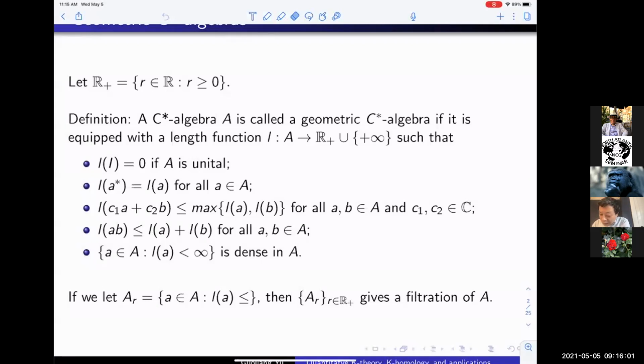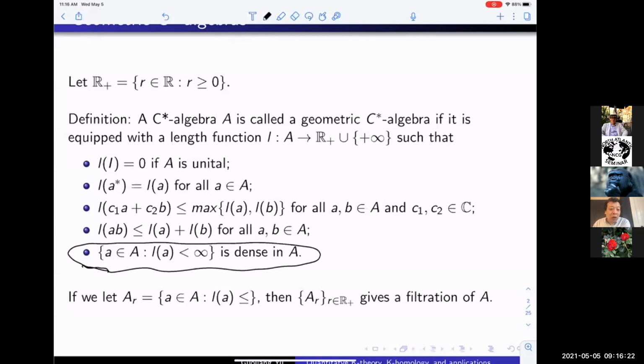And I want the length function to be non-degenerate. So this is what the last condition is about. The elements whose length is finite should be dense in the C*-algebra.